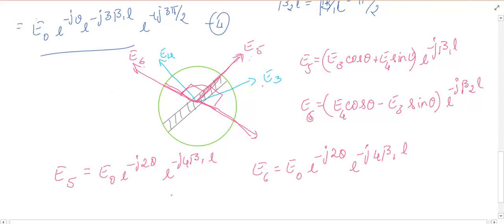So we have reached E5 and E6, which is from our last dielectric plate. Now it is directly our output that we are going to get.